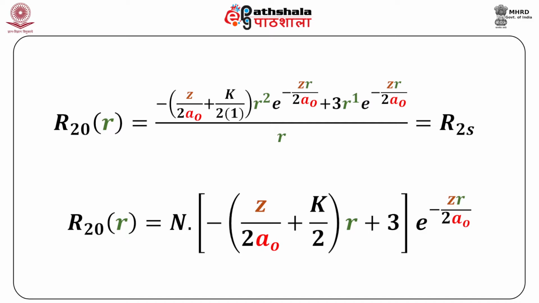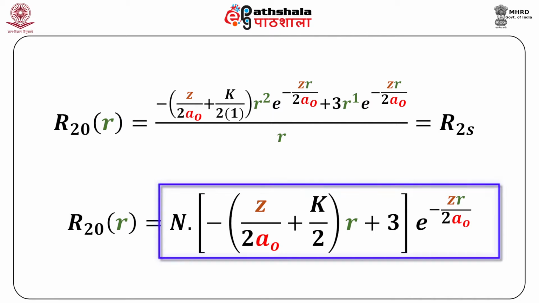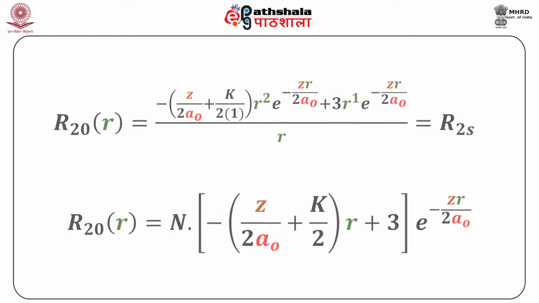This is a very, very important thing, and the expression which we get is N times (-(Z/2a0 + k/2) r + 3) e^(-Zr/2a0).